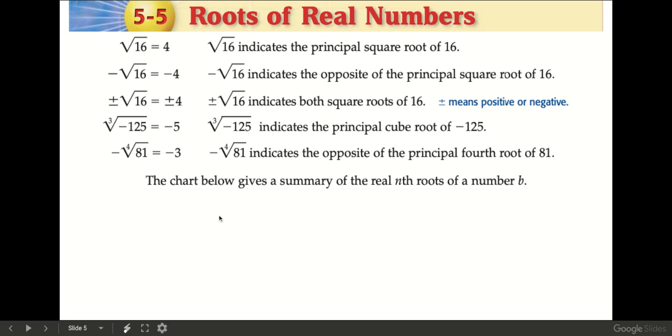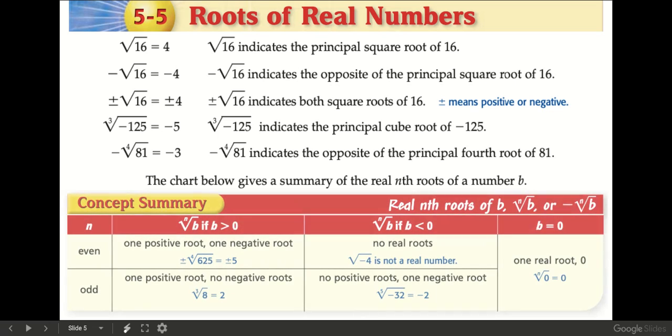The chart below gives a summary of the real nth roots of a real number b. So this is the chart here. If your index, your nth root, is even, there will be one positive root or one negative root, right?